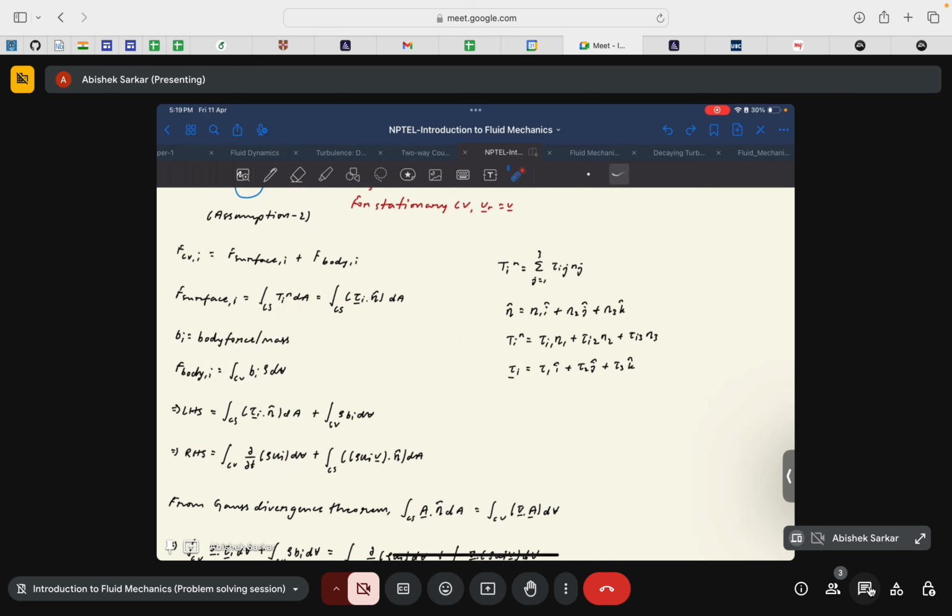So basically what we do is that we replace this traction vector as a dot product of the shear stress tensor and the normal vector. Okay, that's what we exactly do here.